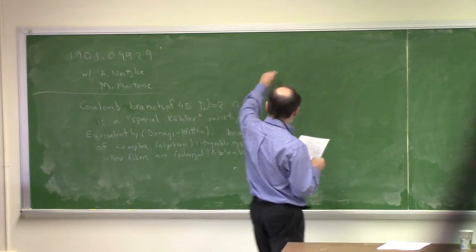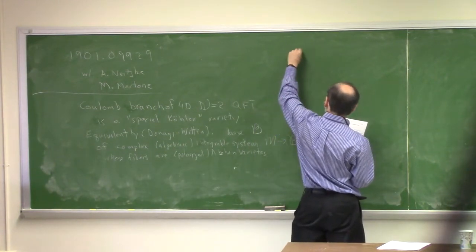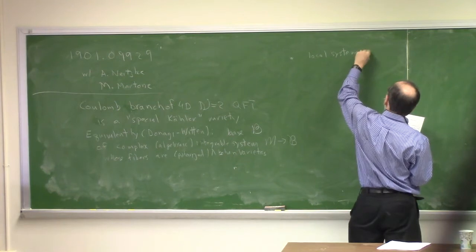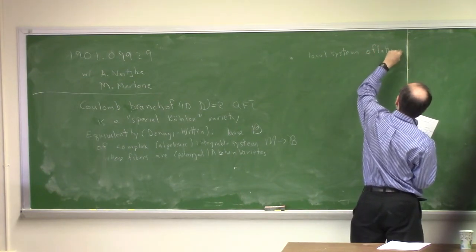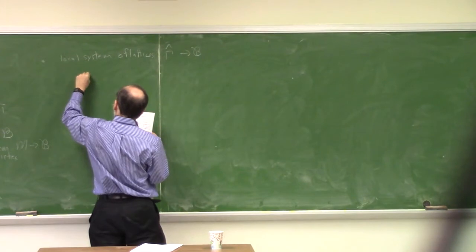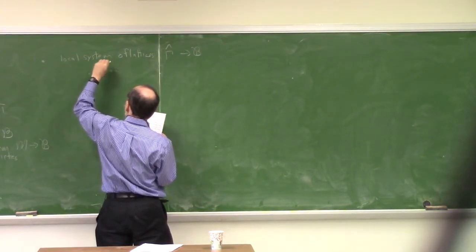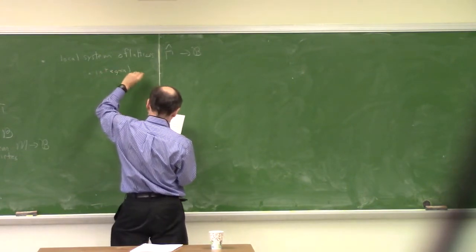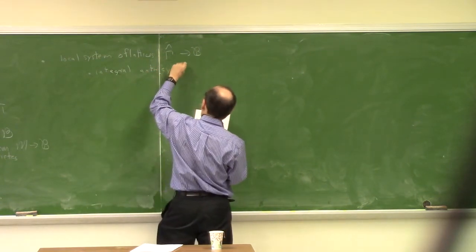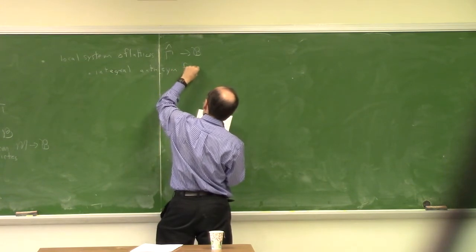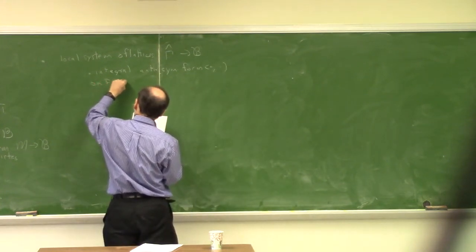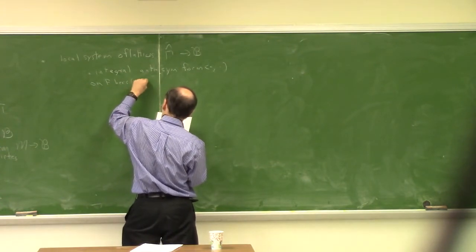And equivalent to that, probably more useful for our purposes, is that there's a local system of lattices, which we'll call gamma hat, with an integral antisymmetric bilinear form on the fibers, and this will in general be possibly degenerate.